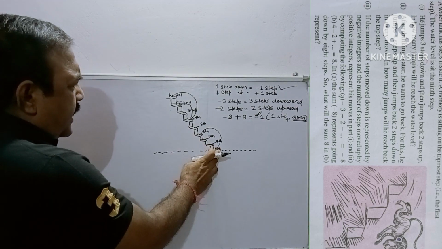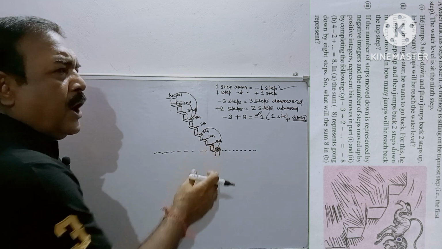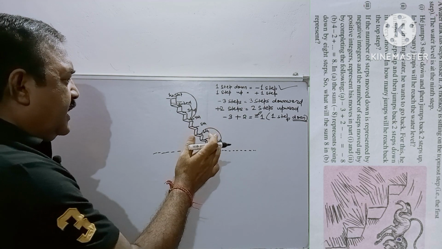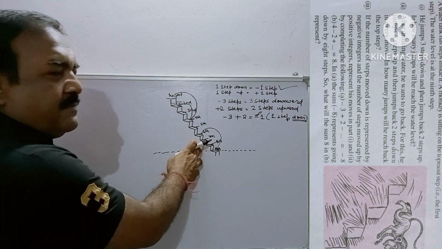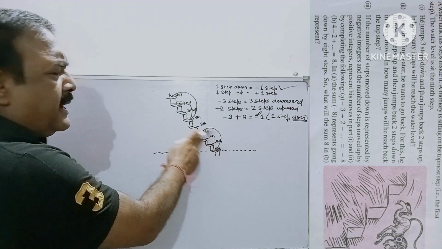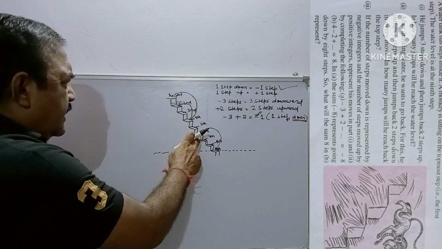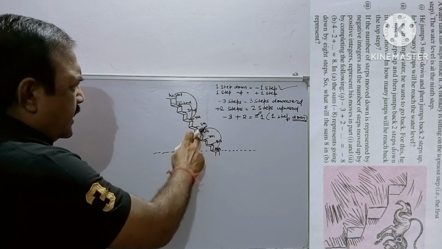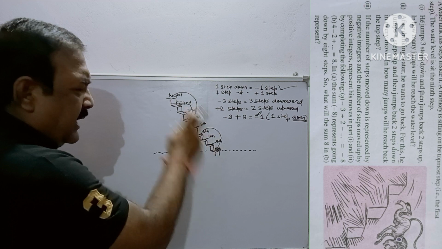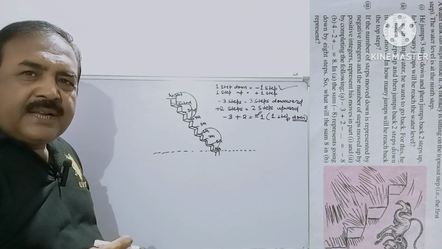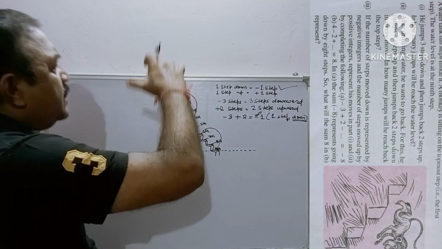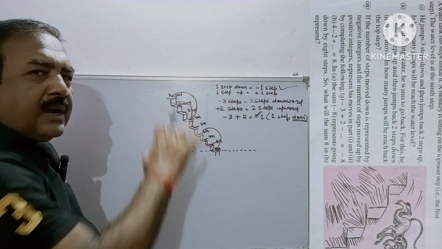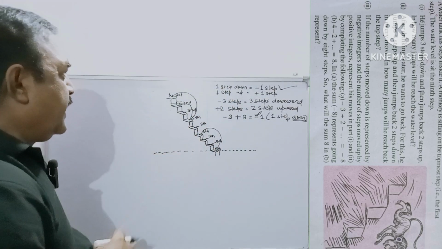So when he will be on 9th step, he will not jump back to 7th step. He will not jump back 2 steps because in the last jump, when he covered 3 steps down, he reaches 9th step. He is thirsty, he will drink water. He will not repeat like this, 3 steps down, 2 steps up. Like this, the monkey will not continue.